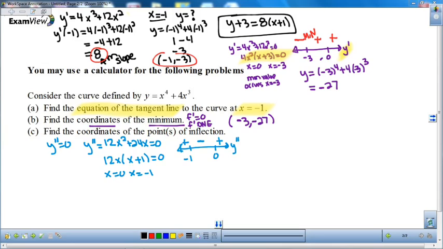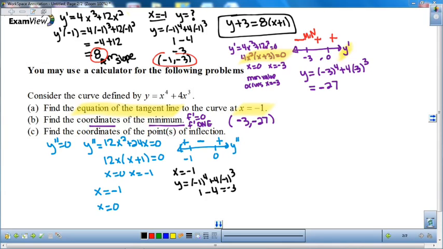So I actually have 2 points of inflection. I have when x equals negative 1 and when x equals 0. So to find my y values, I'm going to substitute that into my original equation. So I'm going to have 1 minus 4, which is negative 3.